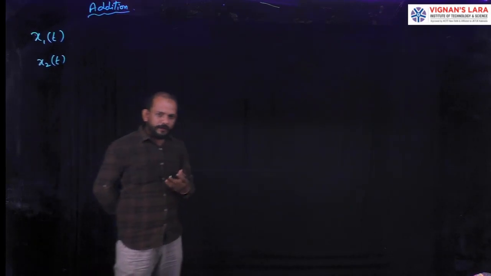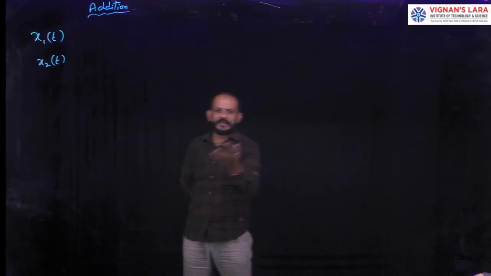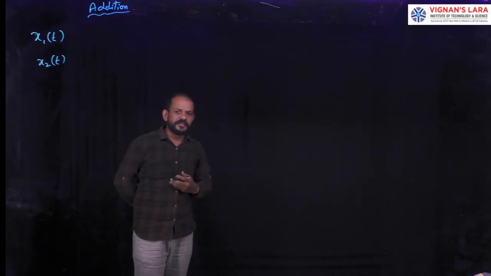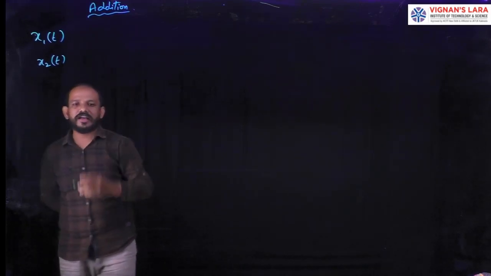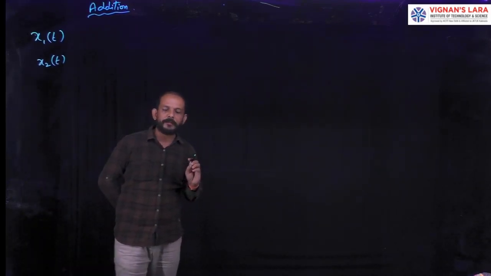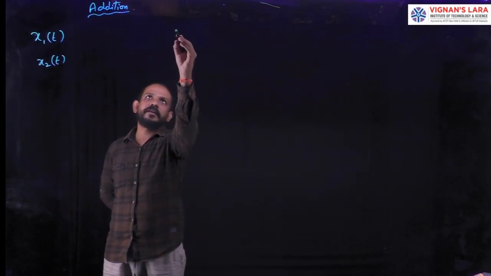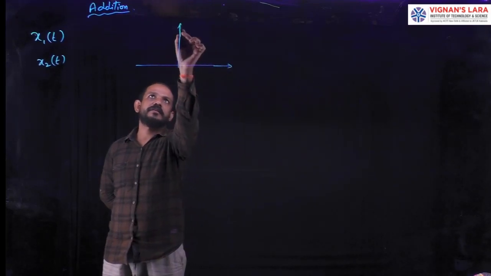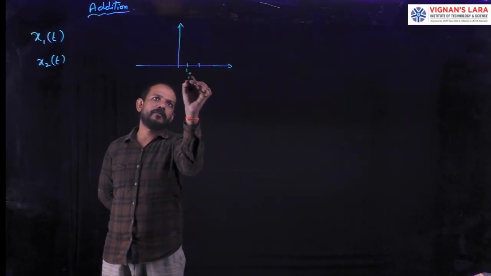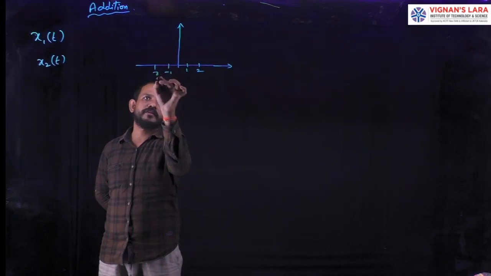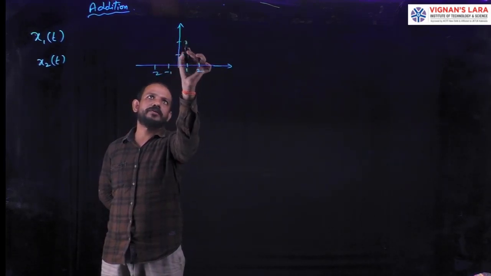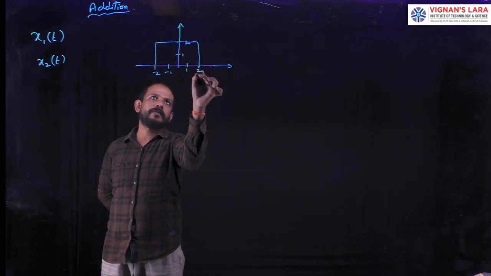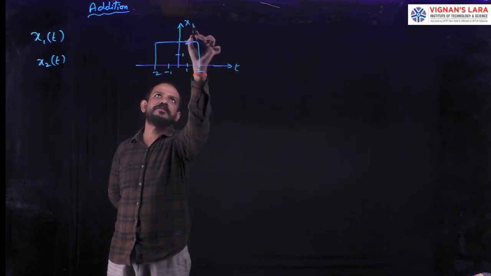I already explained that by taking waveforms, the concept of operations on signals will be very easy to understand. So for x1 of t, I am considering a waveform like this, with values 1, 2, -1, -2, 1, 2. This is t and this is x1 of t.